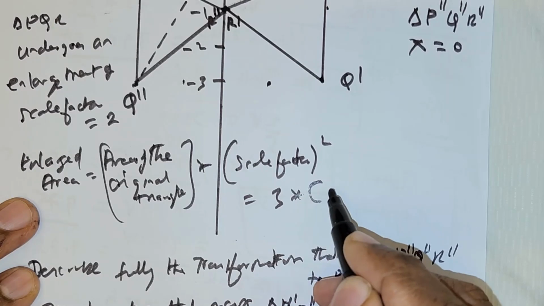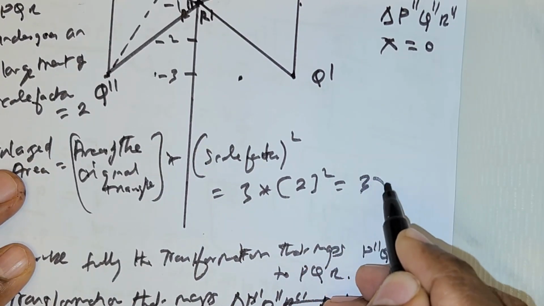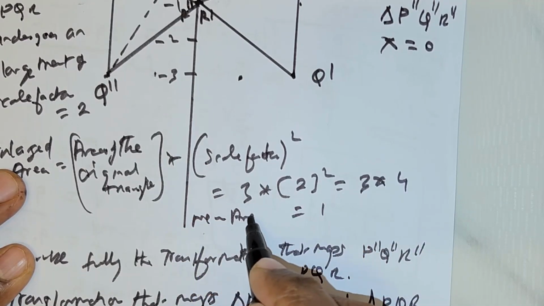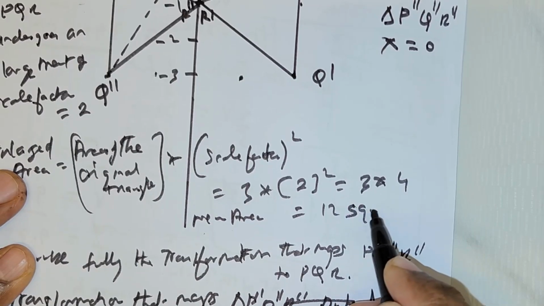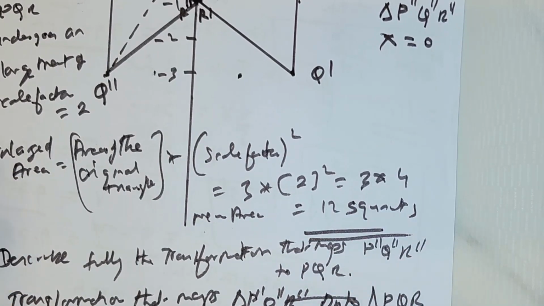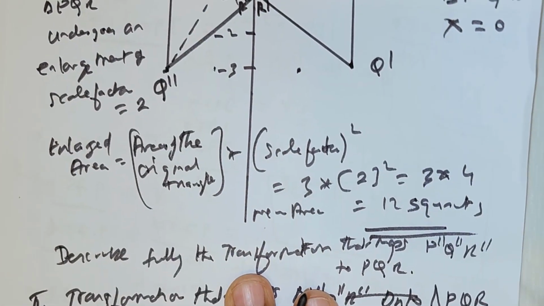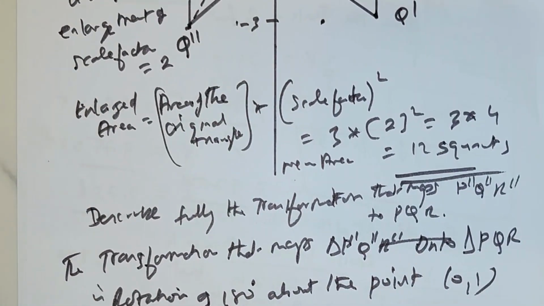Original triangle is 3, scale factor is given to be 2, so 3 multiplied by 4, the new area is going to be 12 square units. Whatever be the units that they are giving, you can just write that. Okay, so this is a lovely question. Please practice it, and it's the right time for us to move on to the next one.